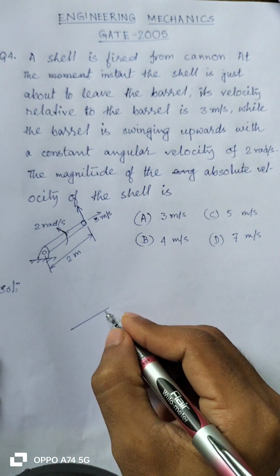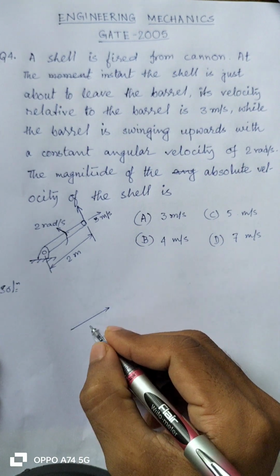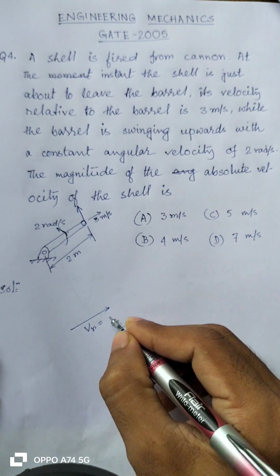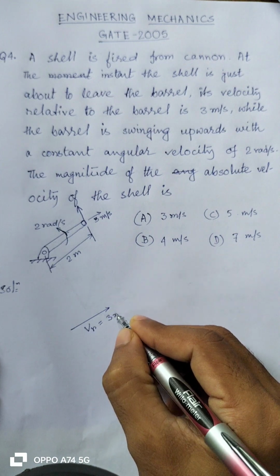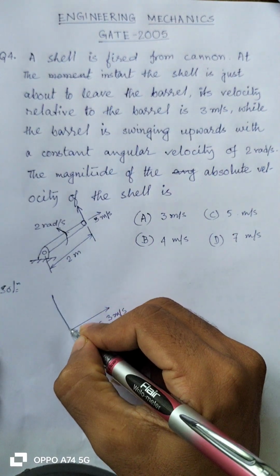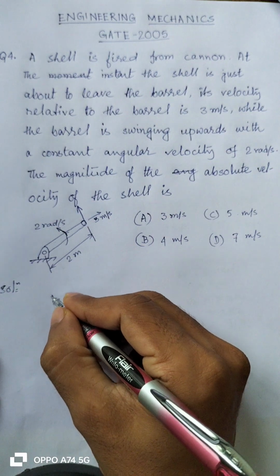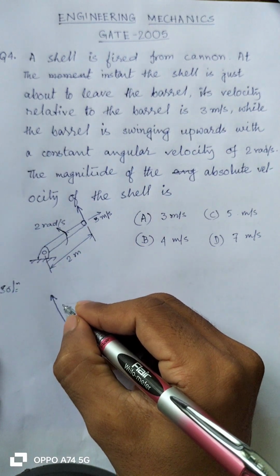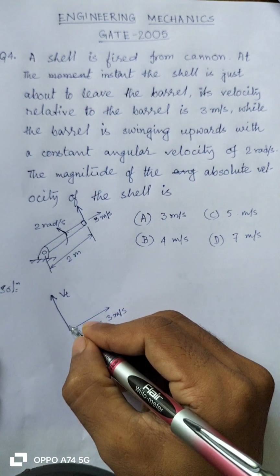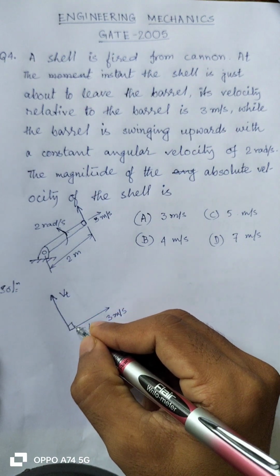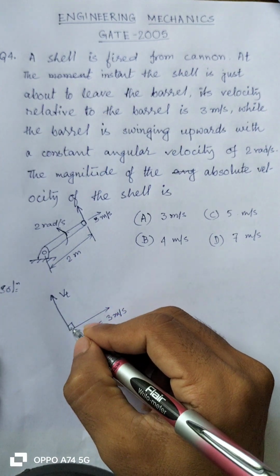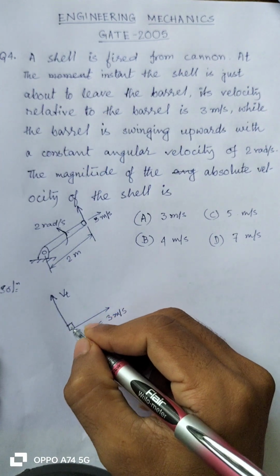This is the radially outward motion, VR, 3 meter per second, and this is tangential, VT. This angle will be 90 degree because this is radially outward and this is tangential, so these two are mutually perpendicular.